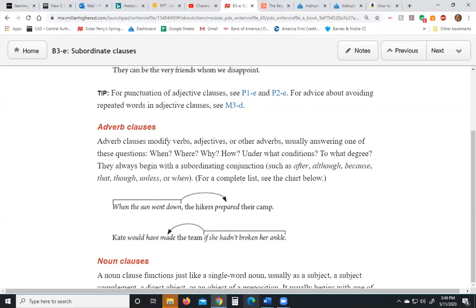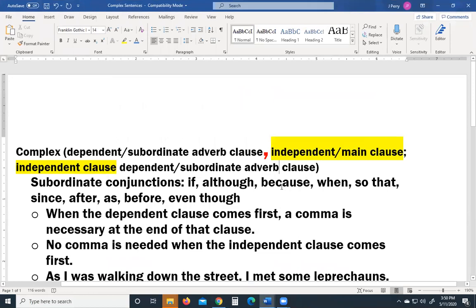Katie would have made the team if she hadn't broken her ankle. So under what conditions would Katie have made the team? If she hadn't broken her ankle. So you can see some punctuation, at least in the first sentence. You see a comma at the end of that. So I'm going to pop over to the rule that I gleaned from that. When you have a dependent clause, which is sometimes called subordinate, and it precedes the independent clause, you put a comma.